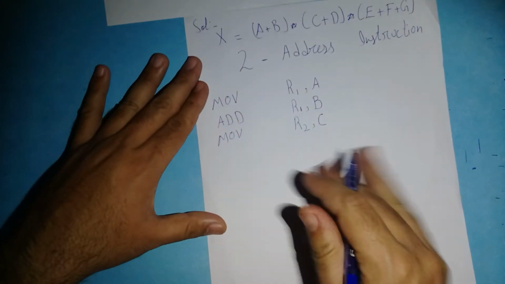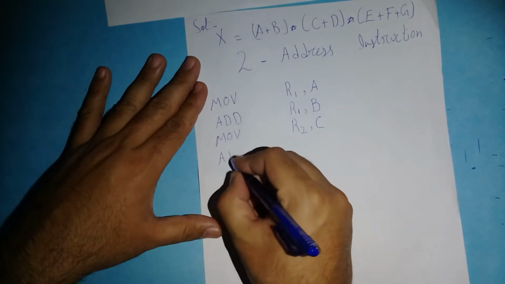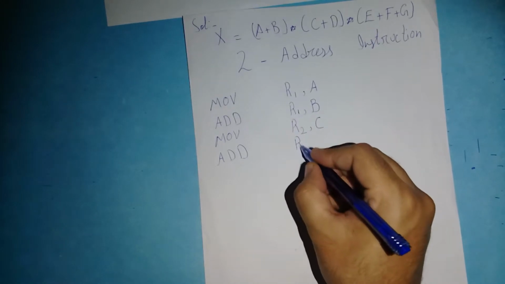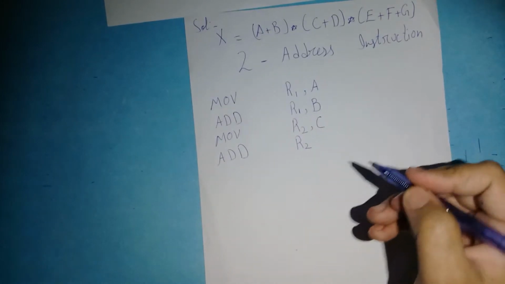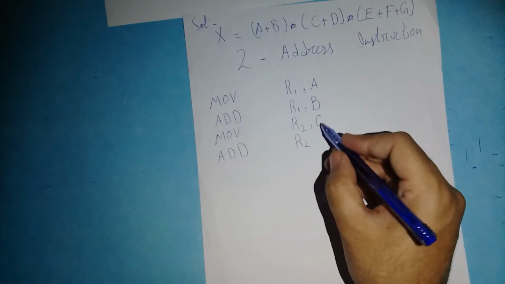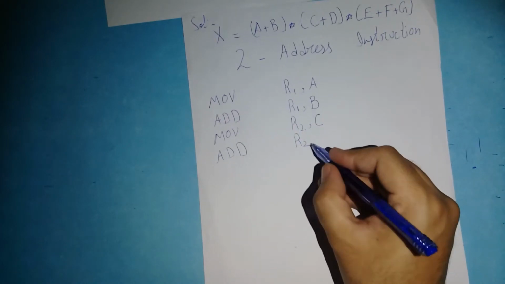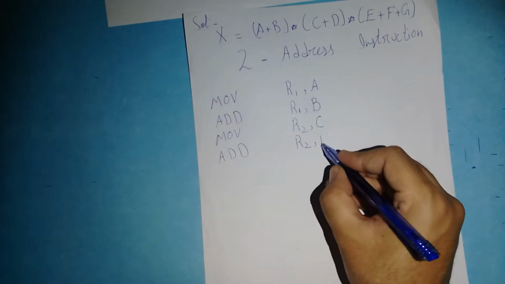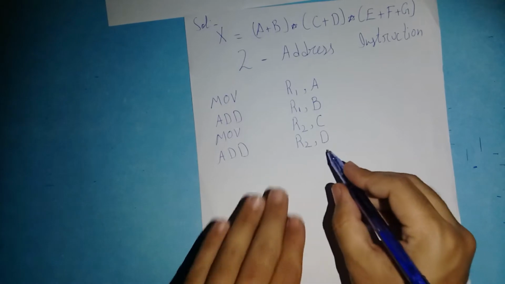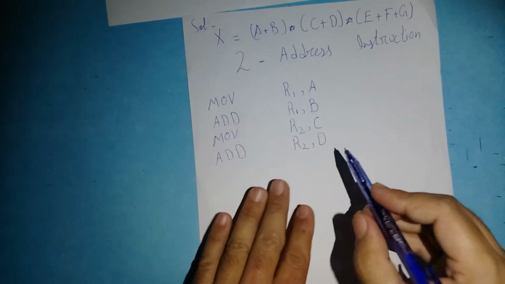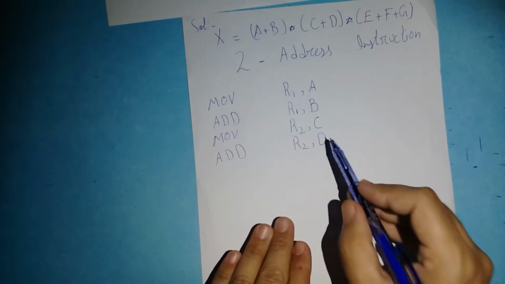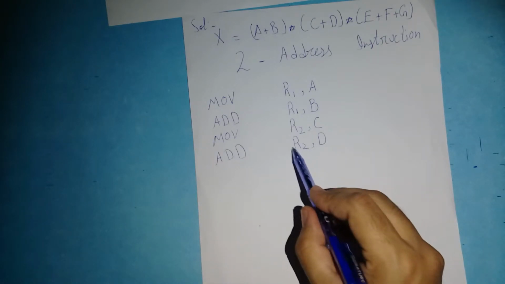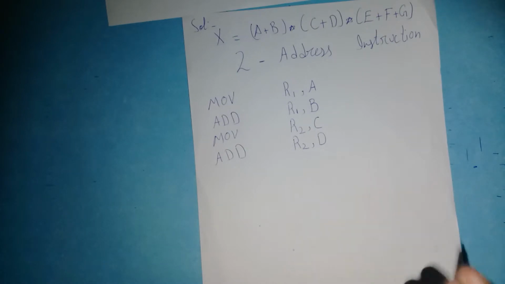So again, I'm going to write down the operation ADD. Here I write down R2, because R2 has got the value of the variable c, and variable d, because c is going to be added with d. So in this line, the variable c adds with the variable d, and the answer is stored in the second register, which is R2.